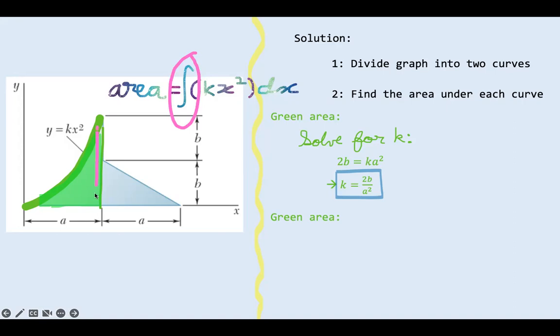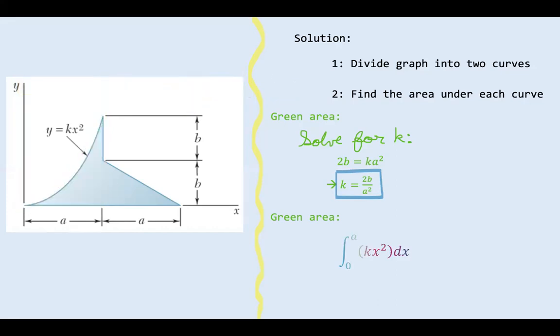We divide the curve into very small rectangles, all of a very small width, which we call dx. The green area is the actual value of the integral from the lower bound, 0, to the upper bound, a.